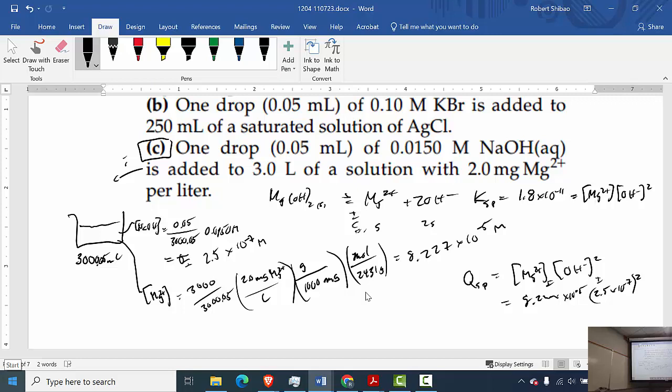Can you talk me through again why you don't double it? Because this is not the solubility. If it were the solubility, we would double it. This is actually the hydroxide concentration. And so this 2S is equal to the hydroxide concentration at equilibrium. Well, we already have the hydroxide concentration. If I wanted the solubility, I would have to cut the hydroxide concentration in half.